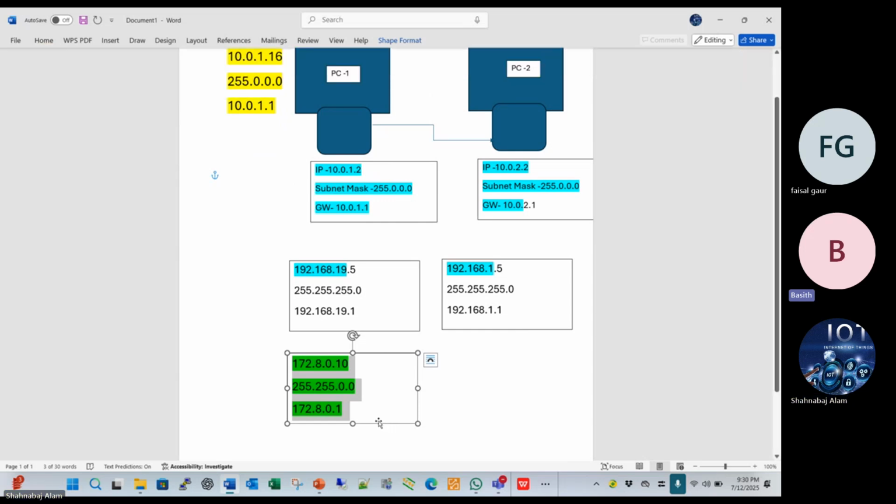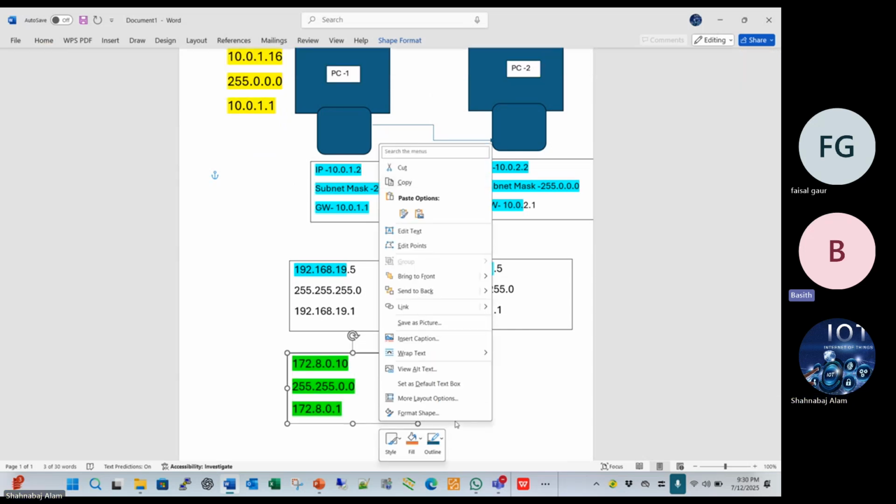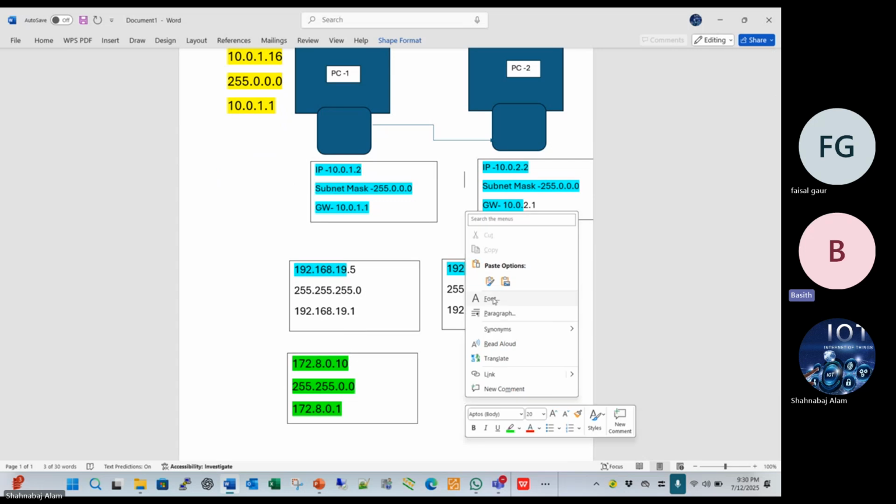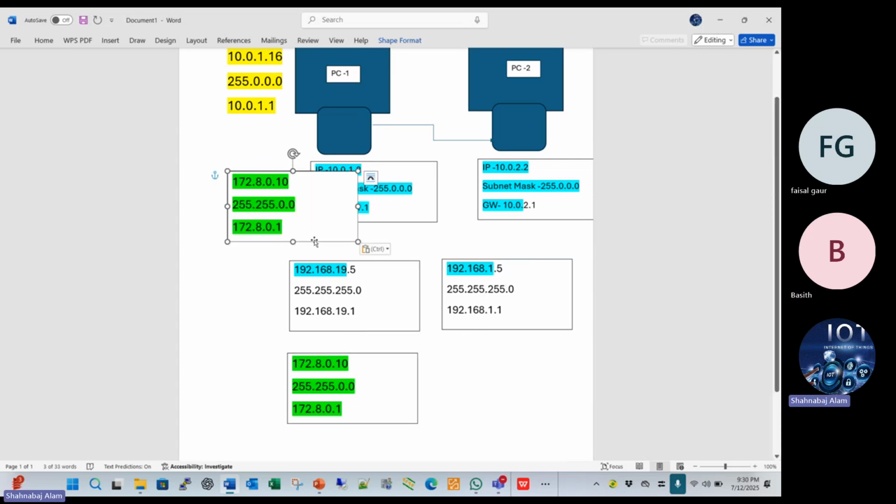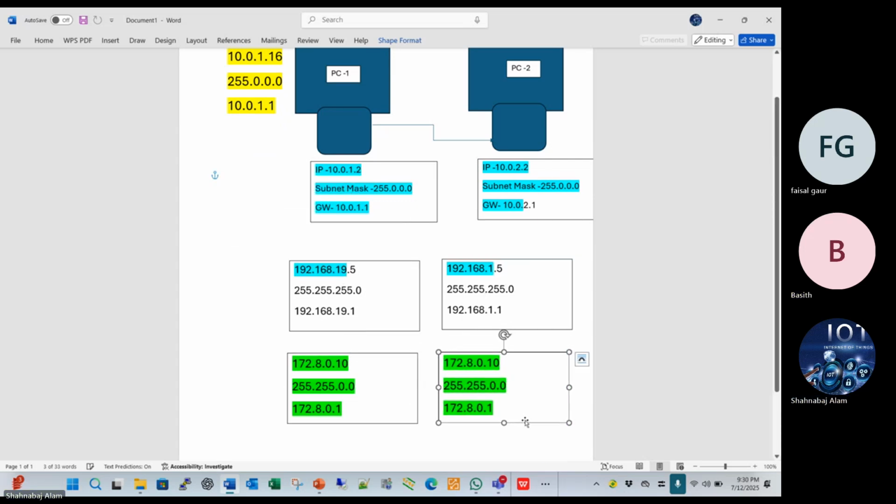I will tell you another IP: 172.6.2.10. Gateway 172.6.2.1.